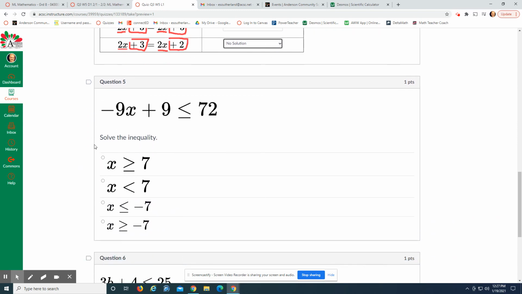Looking at problem number 5, we're going to solve this one by starting out by subtracting 9 on both sides. So negative 9x is just going to drop down. Those 9s will cancel. The sign stays the same. 72 minus 9 is 63.